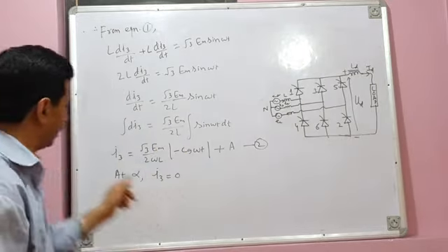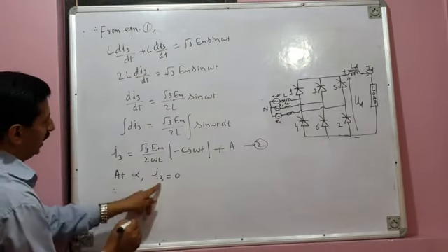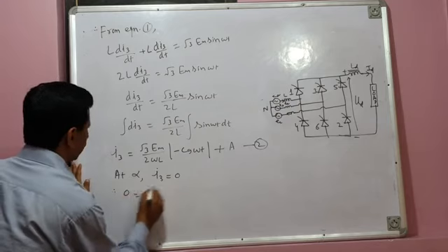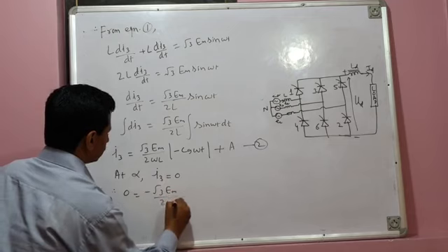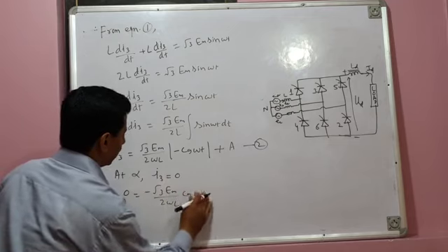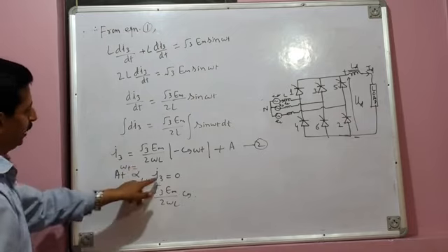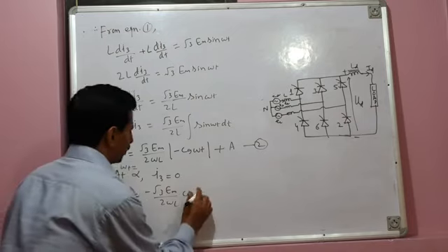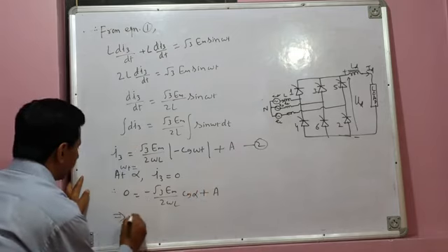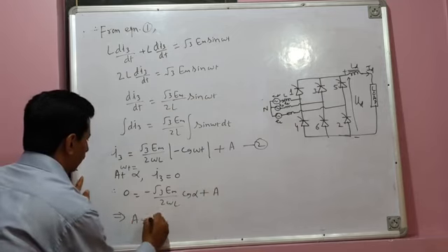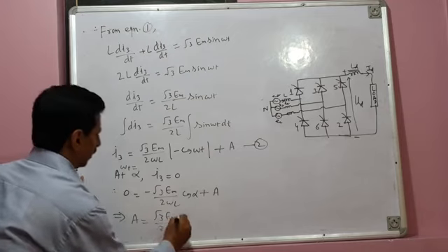Substituting here, I3 at alpha is 0, so 0 is equal to minus root 3 EM by 2 omega L cos omega t, and at omega t equal to alpha, I3 is equal to 0. So it is cos alpha plus A. This will give me A. So A is equal to plus root 3 EM by 2 omega L cos alpha.